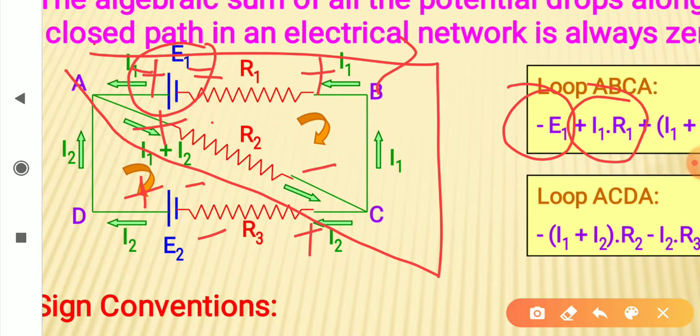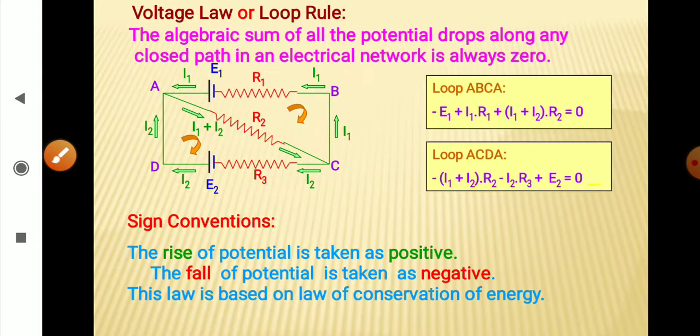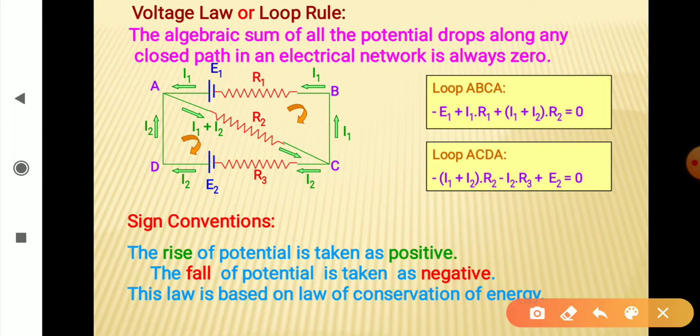For resistance R2, we are moving from lower potential to higher potential, so it is I1 plus I2 into R2. Potential drop across a resistance is equal to current into resistance, Ohm's law. So we are using that, and in this way we have got the first equation along loop A, B, C, A.